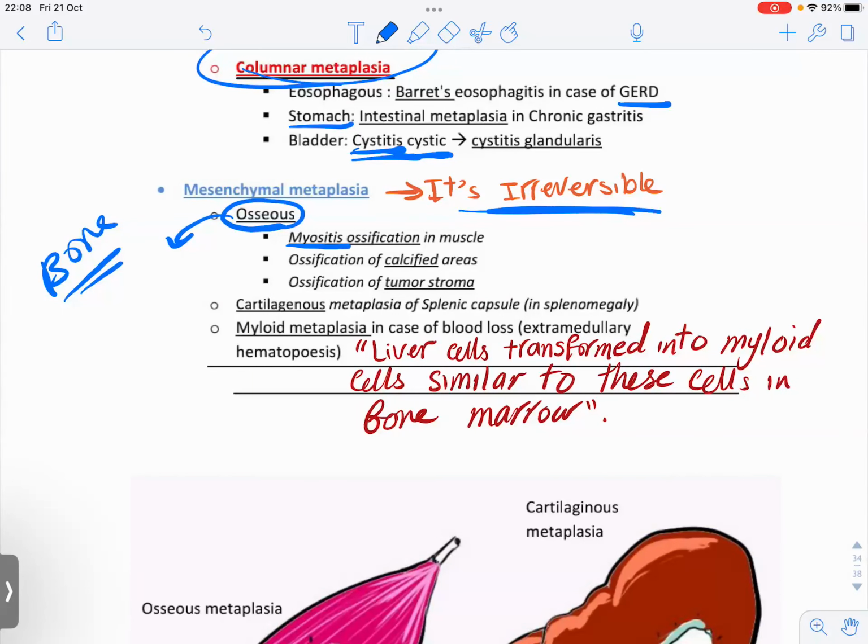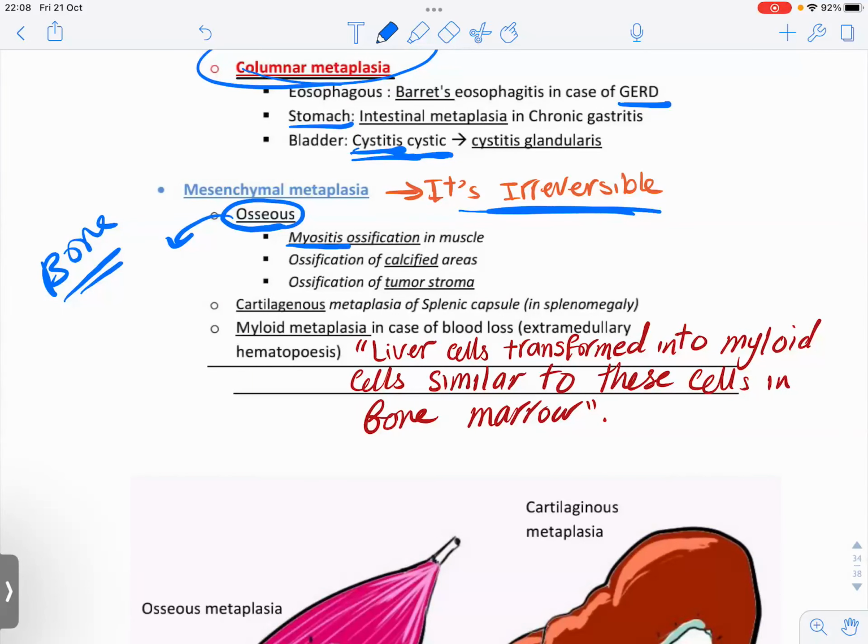Ossification means bone formation due to myositis. Myo means muscle, itis means inflammation. Inflammation in muscle can lead to formation of bones. How? You know, in athletes or horse riders or bodybuilders, they always put a lot of pressure on the muscle.